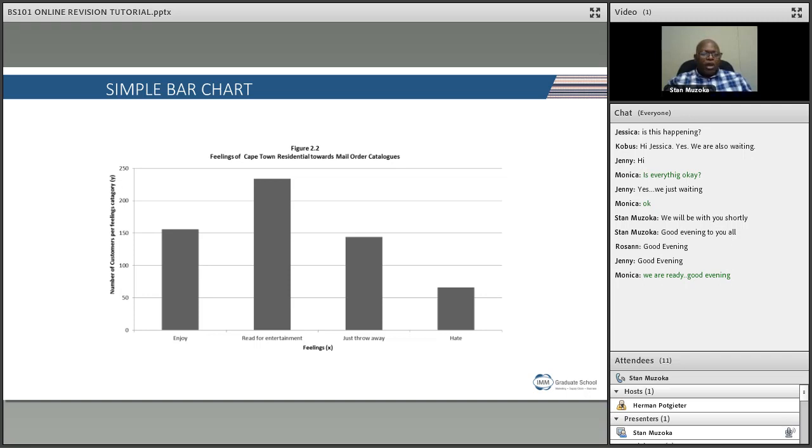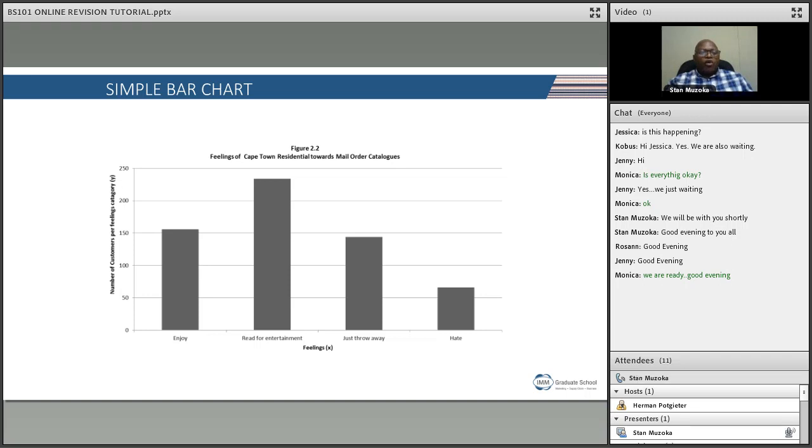The y-axis, the vertical axis, will always reflect the frequency, and the x-axis, the horizontal axis, will always represent the categories, classes or groups, the bins in which you have placed the data. Always remember that frequency goes on the y-axis and categories go on the x-axis.